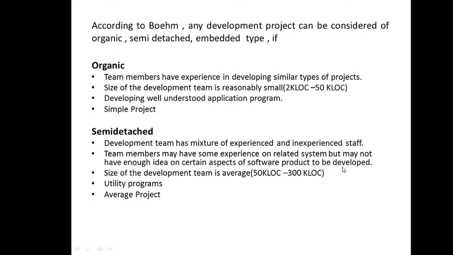That means it's 50-50. The team members may have experience on, say, 2 modules, while they don't have experience on another 3 modules. Total 5 modules we are supposed to develop. So it's a mixture: you have experience on some part and you don't have experience on some part. That is what the development team has, a mixture of experienced and inexperienced staff.